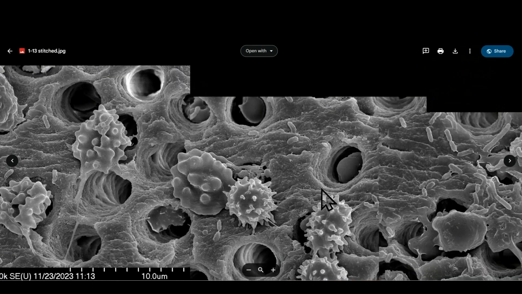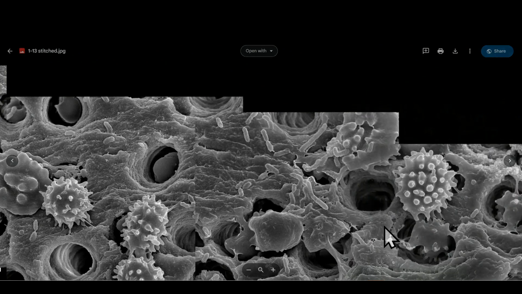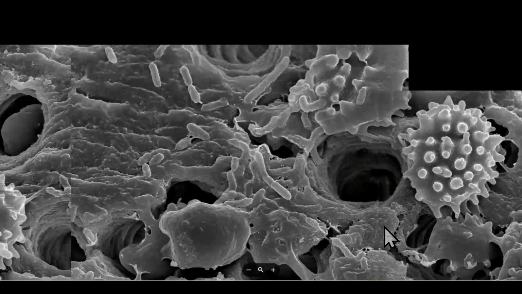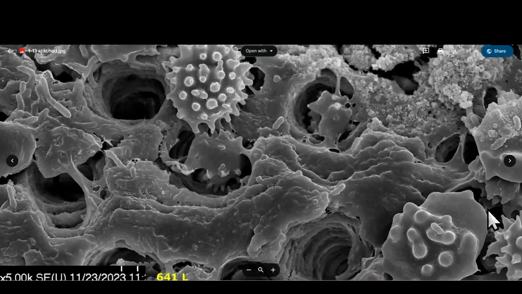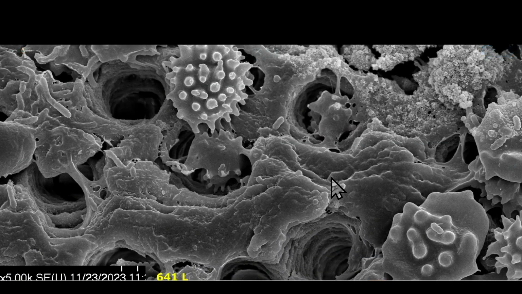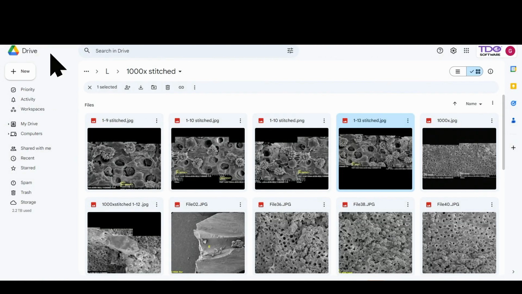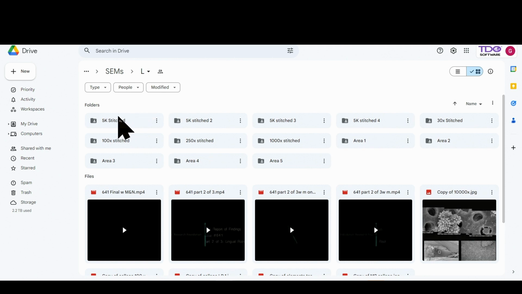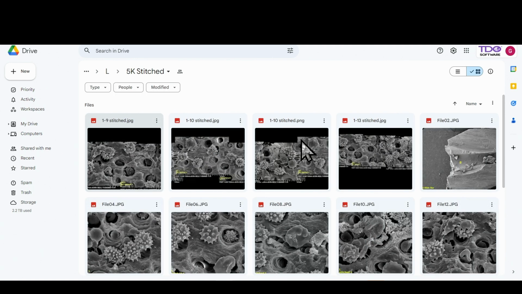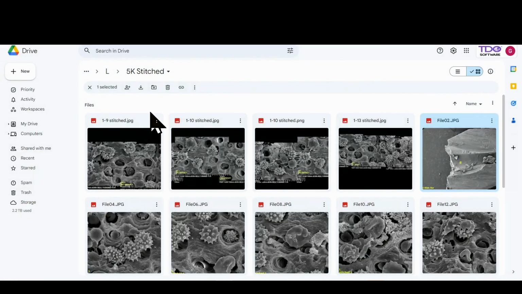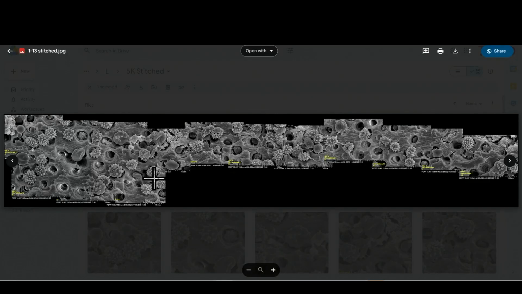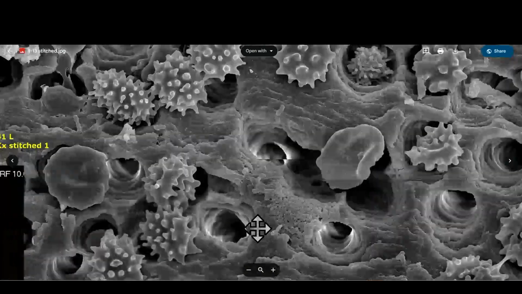I'm not a pulpal biologist, but there you can see the demineralization of the predentin that masquerades as bacterial morphotypes. I know Rick and I have discussed this. I'm not ready to call those bacterial morphotypes. I think that's from the demineralization of the predentin, and they can look just like bacteria. So you need to be careful.